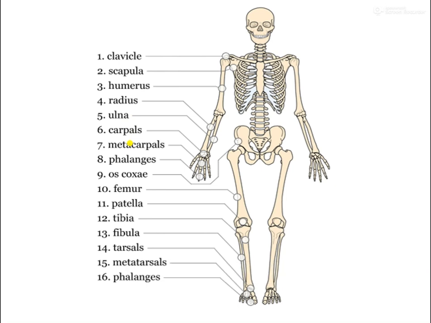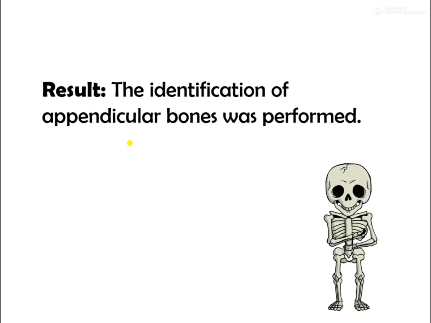Lower limb contains the femur, patella, tibia, fibula, tarsal, metatarsal, and phalanges. The pelvic girdle contains the hip bone. Now the result is the identification of appendicular bones was performed.